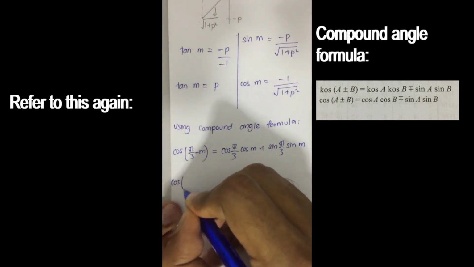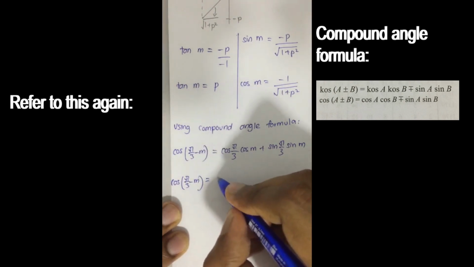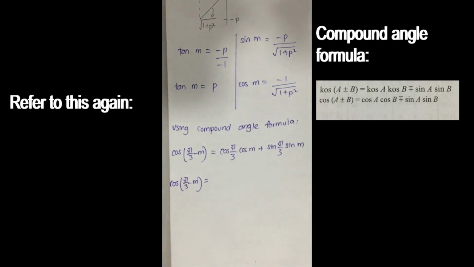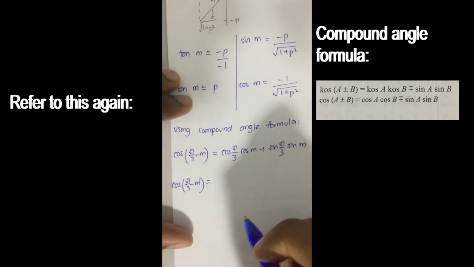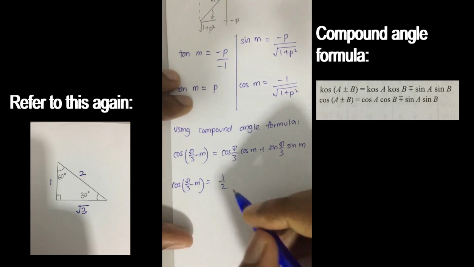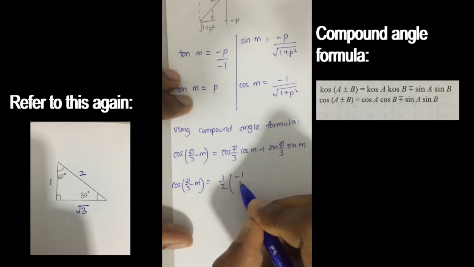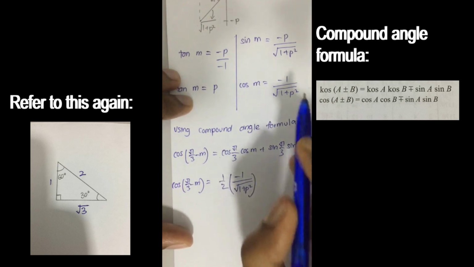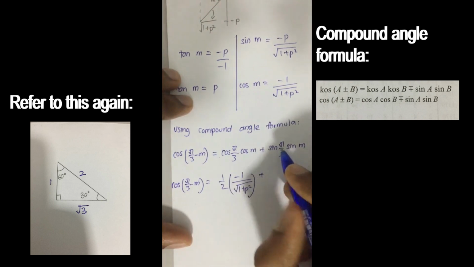So cos in the bracket pi over 3 minus m equals cos pi over 3. You can key it into your calculator, or you can use the right angle triangle method. From here you get cos pi over 3 is actually 1 over 2, and cos m is actually negative 1 over square root of 1 plus p square, which we got over here, and then plus sine pi over 3.